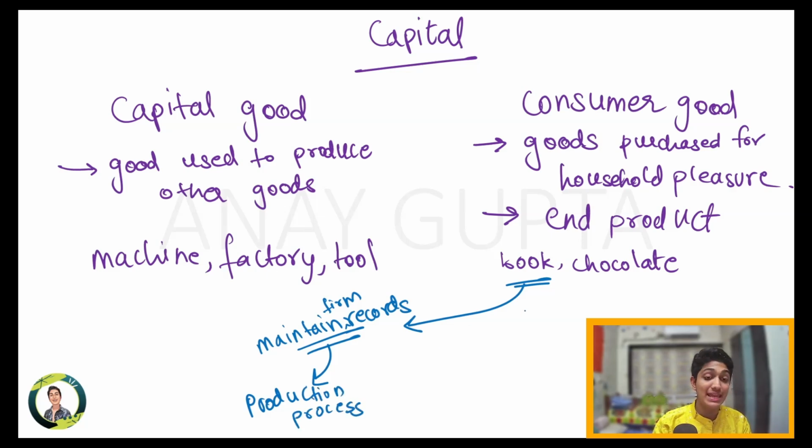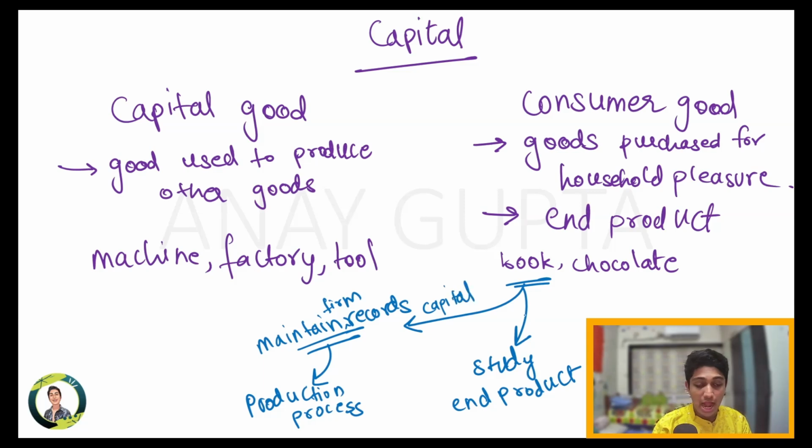But if that same book is being used by you to study, then that's an end product. So in the first case it would be a capital good, and in the second case a consumer good. You just have to identify the purpose of that good, and that is how you can distinguish whether it's a capital good or a consumer good.